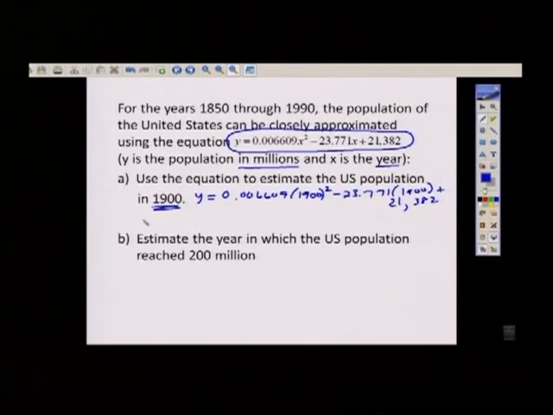And if you type that in and work that out, you would end up with 75.59. Now remember, Y is the population in millions, so that is 75.59 million people in the U.S. in the year 1900.